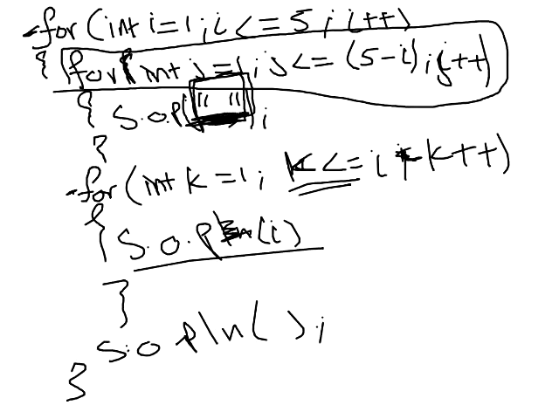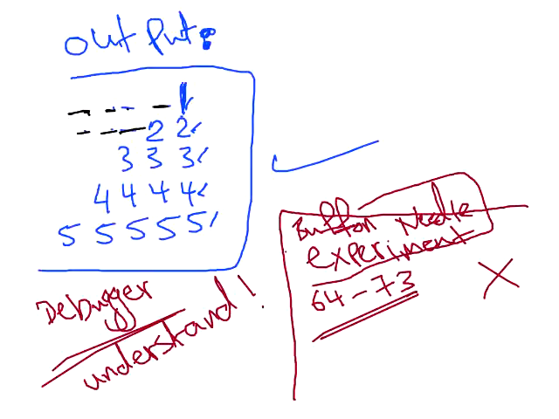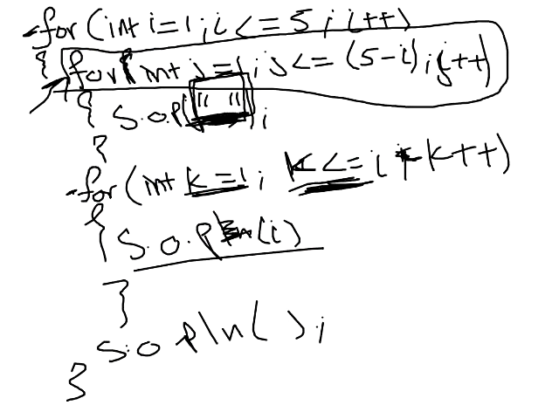So now what's happening? The first loop is leaving spaces. The next one is matching the values of i. It's less than or equal to i. So when i is 1, what's the value of k? It is 1. When i is 2, what's the value of k? 2.